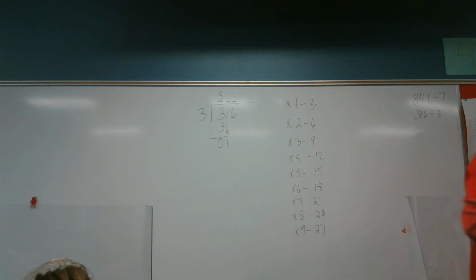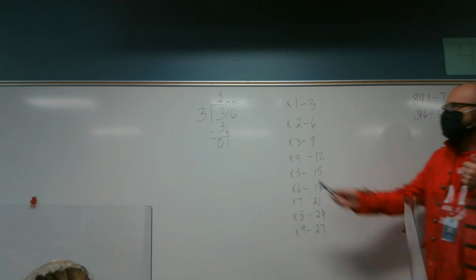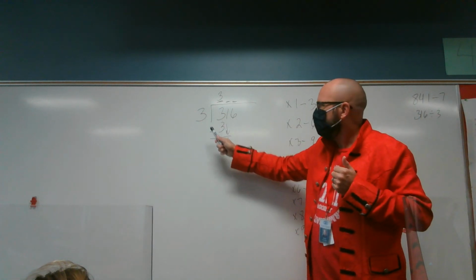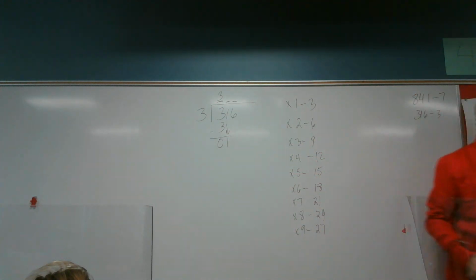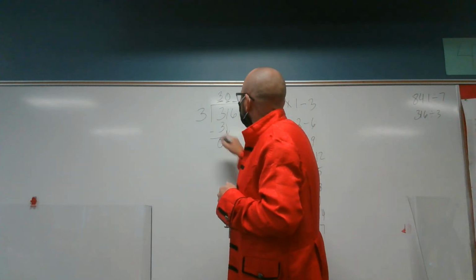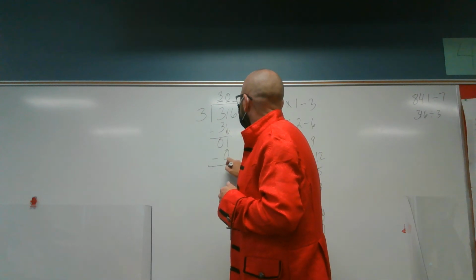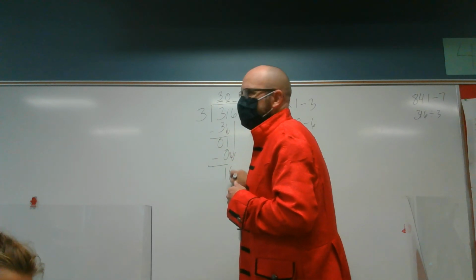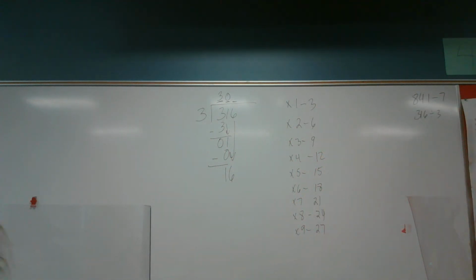And that's not correct. Because I have to have a number above the 1. How many times does 3 go into 1? 0 times. 0 times 3 is 0. Subtract, I still get 1. Now I bring down my 6. How many times does 3 go into 16?